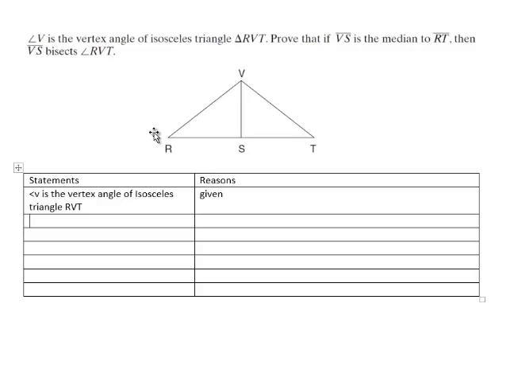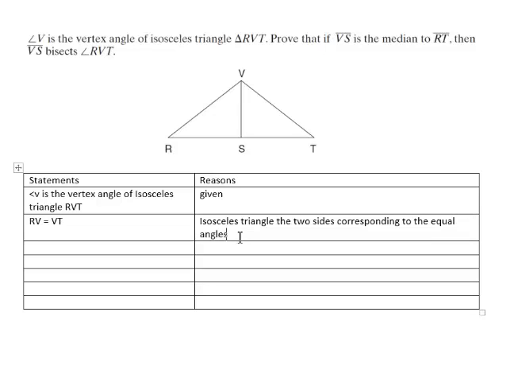And I will say that R and T, so that means RV is equal to VT, because in an isosceles triangle, the two sides corresponding to the equal angles are equal.